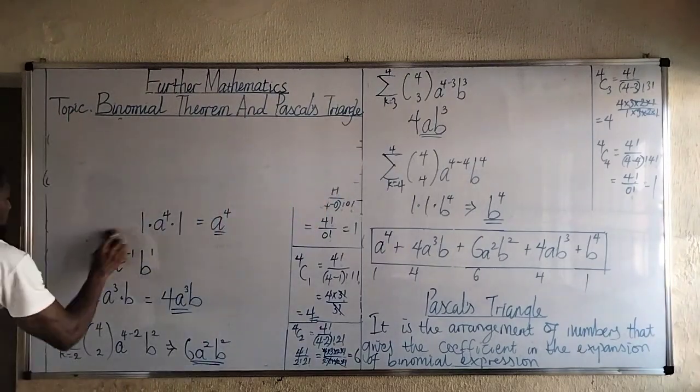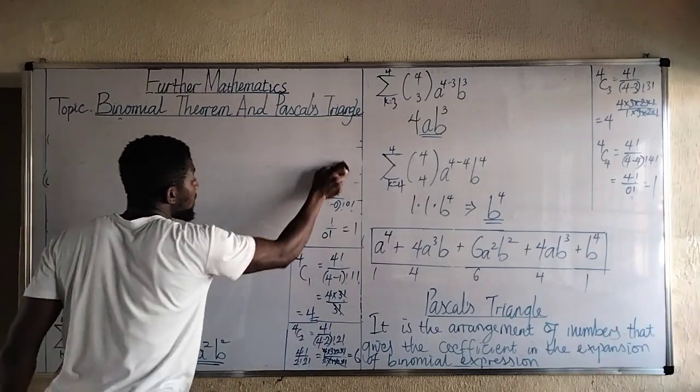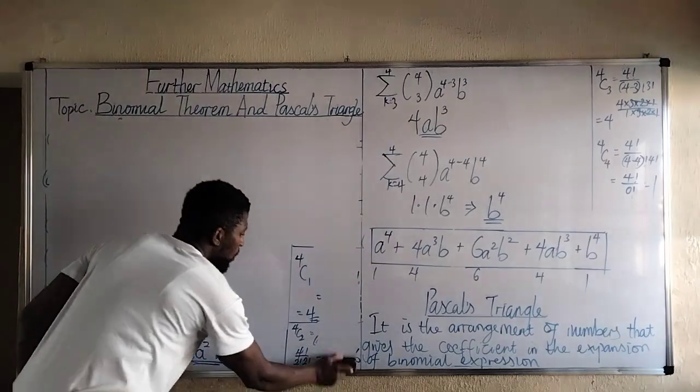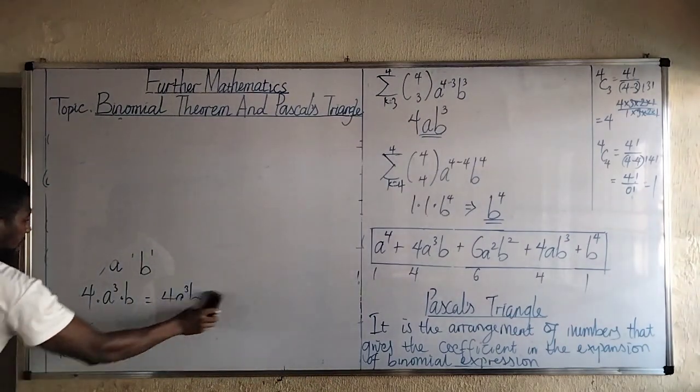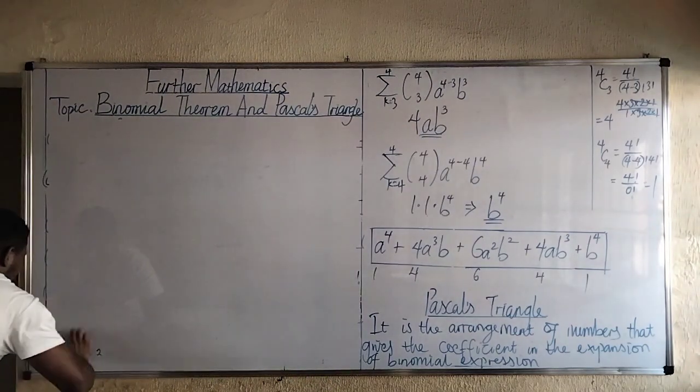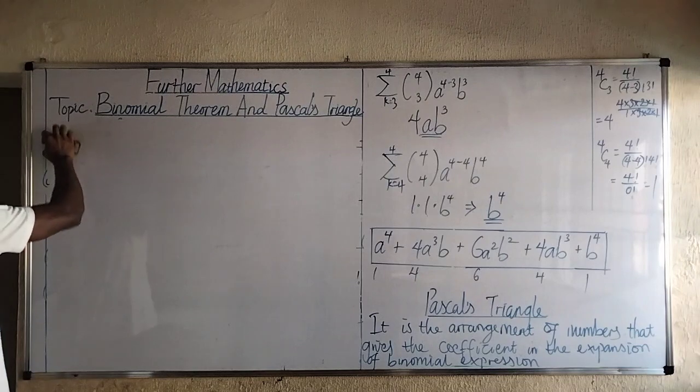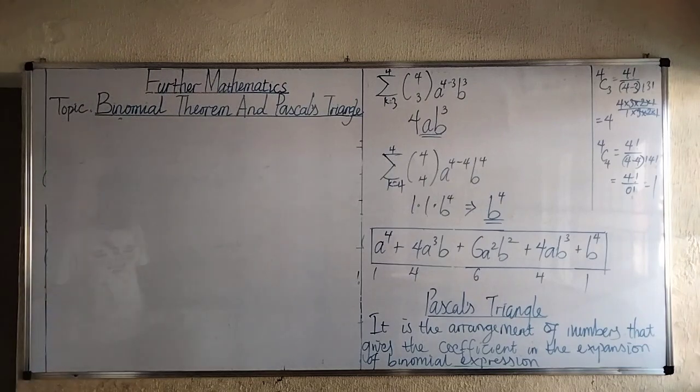As I'm erasing this part of the board, you will see that all those things we did in the multiplication of the binomial terms and using the binomial theorem formula will take good shape now.